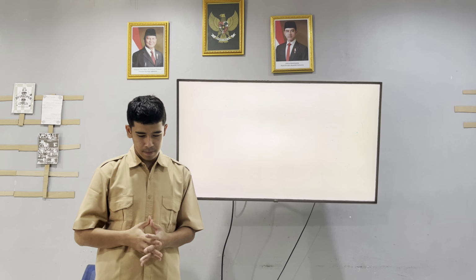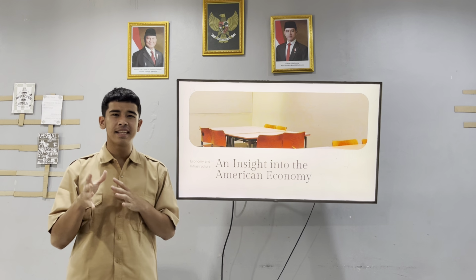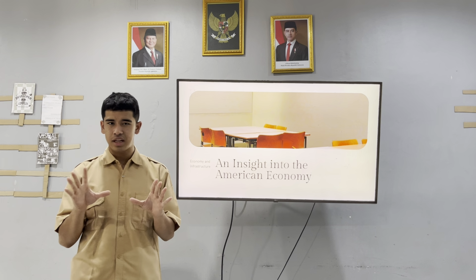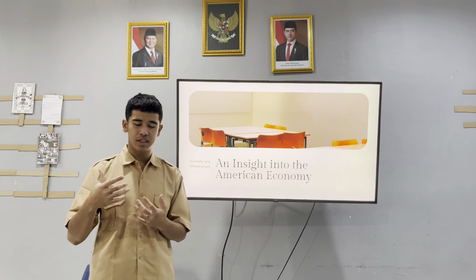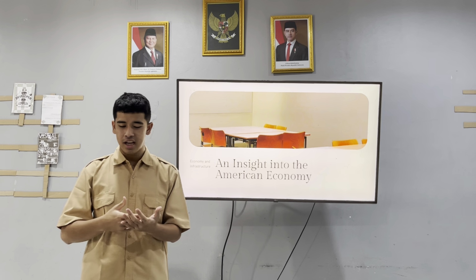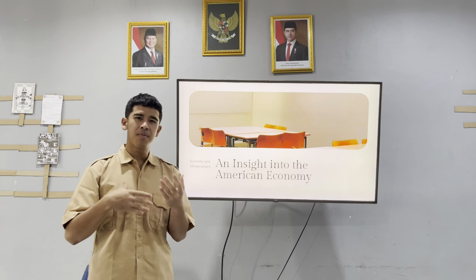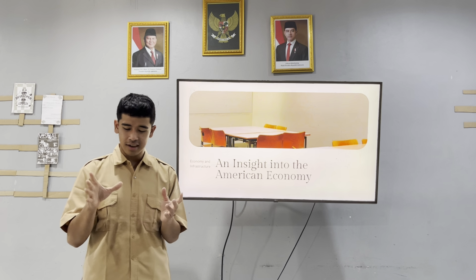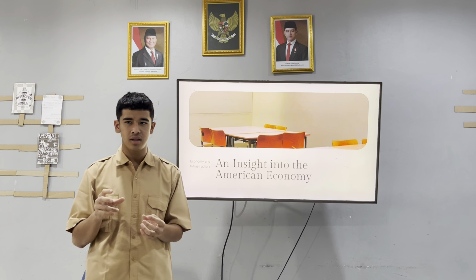Next is a little insight about the American economy. The big picture about the American economy, first let's talk about the size. The American economy is the largest, or maybe the second largest economy by GDP.